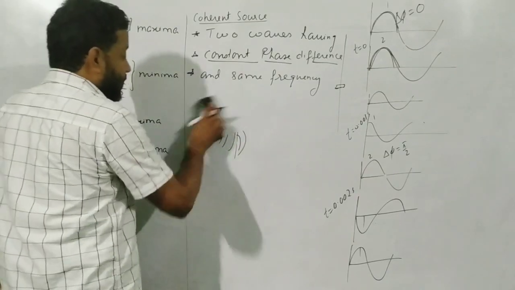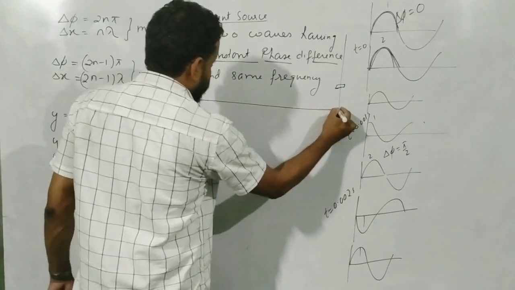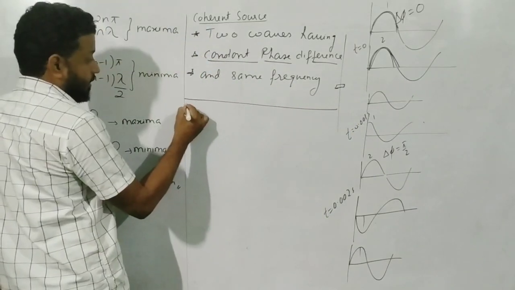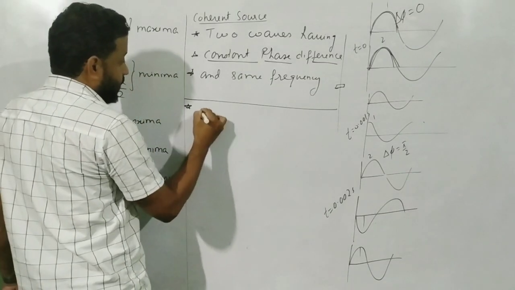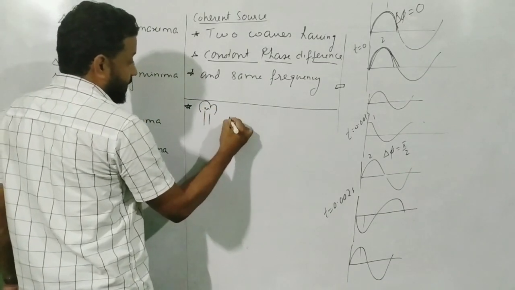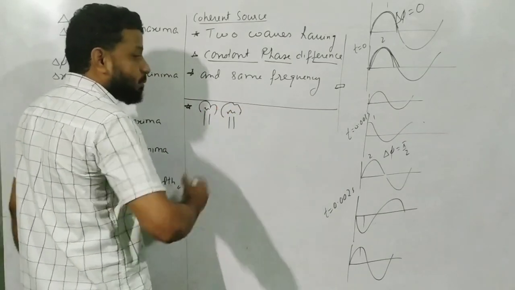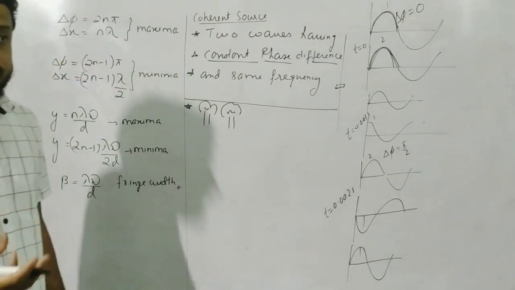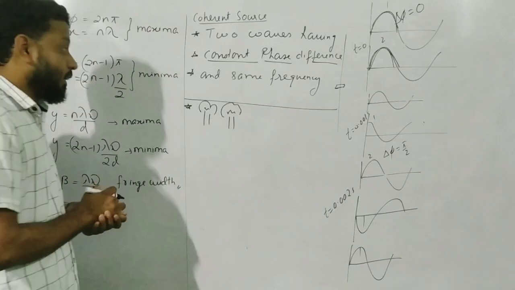Now another type of question which they ask is that there are two bulbs having same wavelength. Can this be called a coherent source of light? Answer is no. They cannot be called coherent source of light.